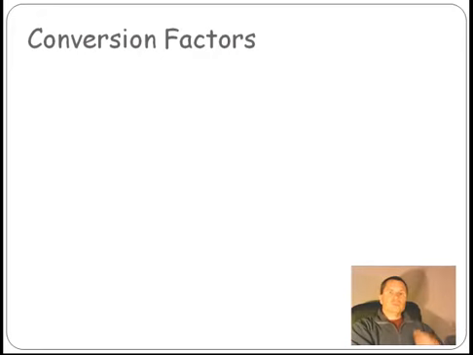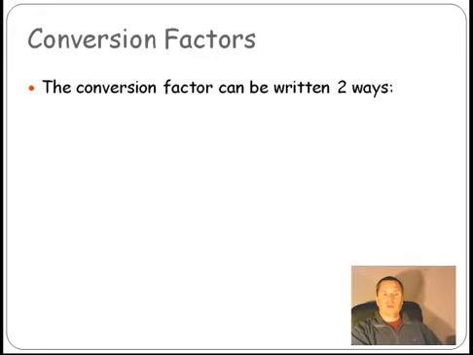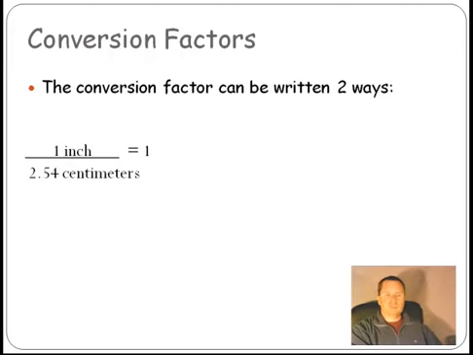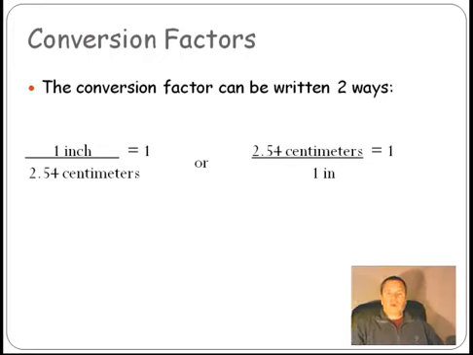So to do this, we have to come up with what we call conversion factors. Okay, and conversion factors are simply a ratio. That's the easiest way of thinking, or a fraction. So if we look at the example we did comparing inches to centimeters, what we can say is that 1 inch is equal to 2.54 centimeters, or we can say 2.54 centimeters over 1 inch.